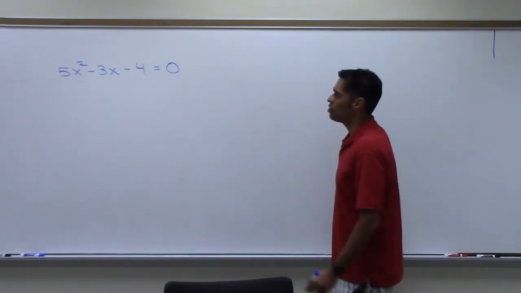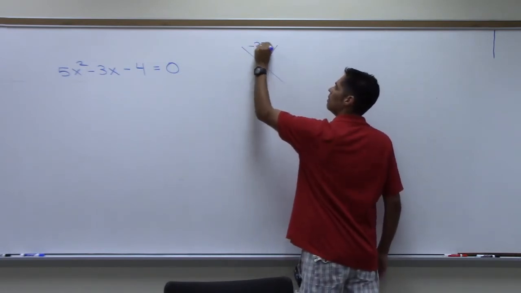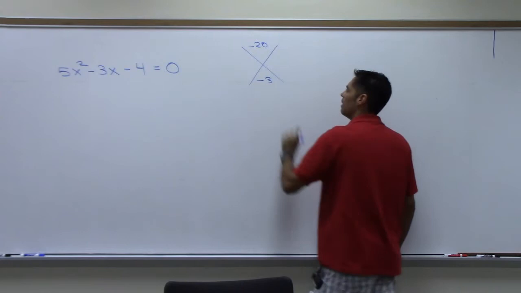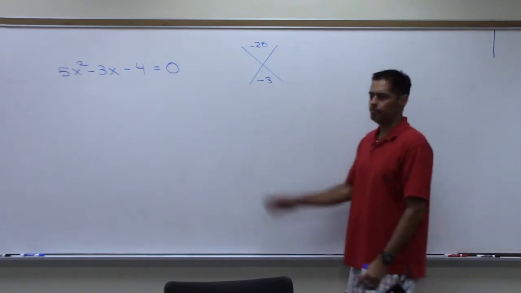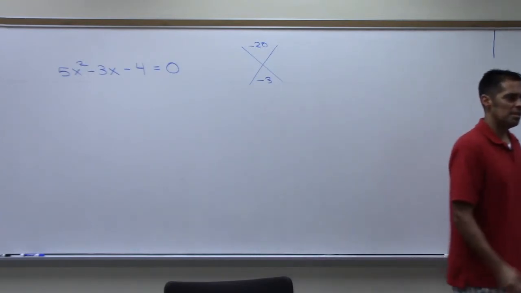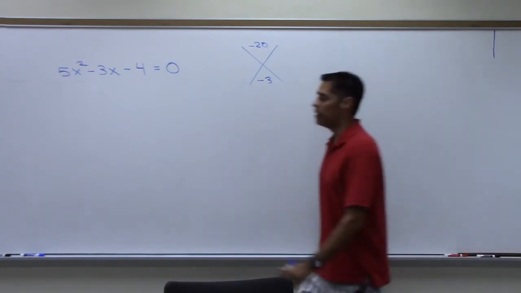All right, so let me just show you real quick. If you try this, I don't believe you're going to be able to get it. You sit there for a few seconds and then you realize, no, it's not going to happen. Then you go, but I've got the quadratic formula.